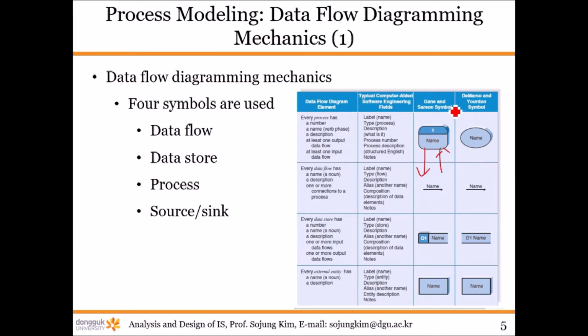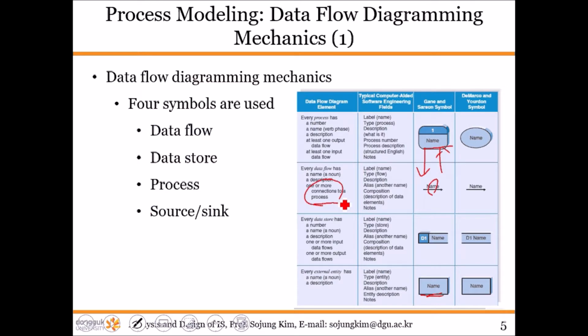And a data flow should have a name so that you can understand what kind of data can be delivered to another component, such as a process or the external entity. It needs one or more connections to the process.